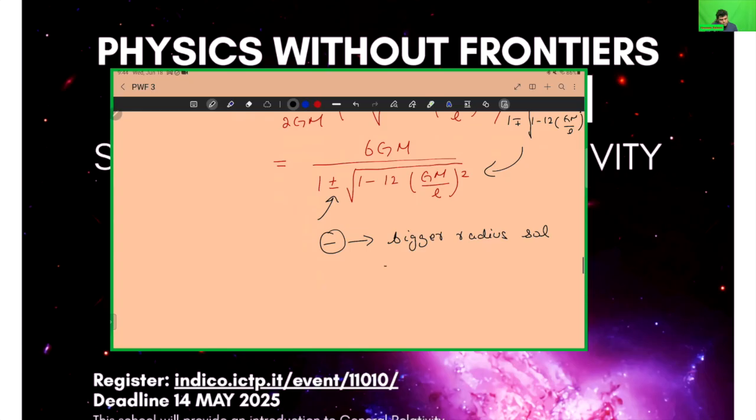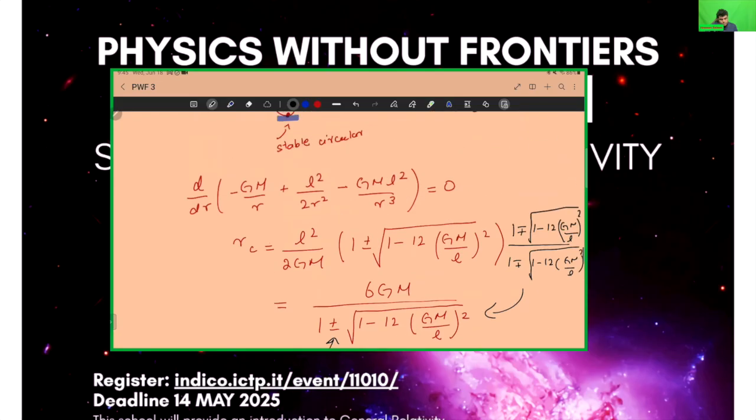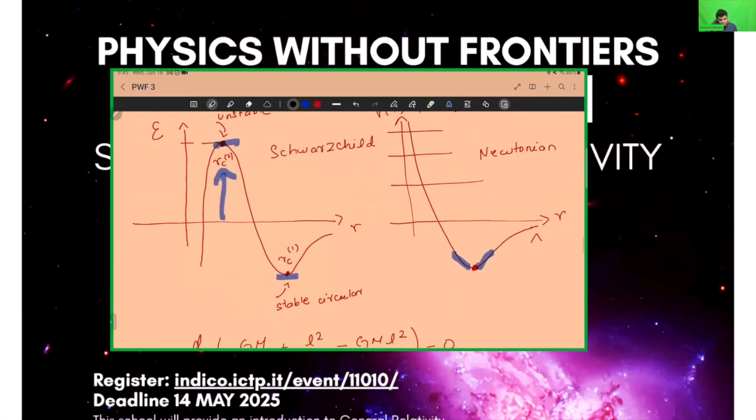And the bigger radius solution is the stable one, the stable orbit or stable radius. The plus sign will give you a smaller radius solution. And that gives you an unstable orbit. So RC1 corresponds to the stable circular radius.